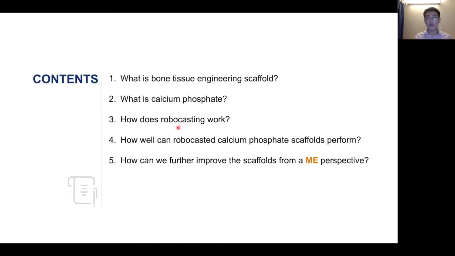And then I would like us to take a deeper look at this problem by asking how well can these robocasted calcium phosphate scaffolds actually perform, in a way to see why we are using this specific material and this specific AM process. Lastly, let's not forget this is supposed to be a presentation about mechanical engineering. So I would like to look at this problem from a mechanical engineering perspective and to see how we can further improve these scaffolds for future commercial or even clinical usage.